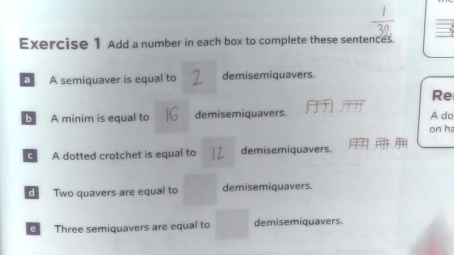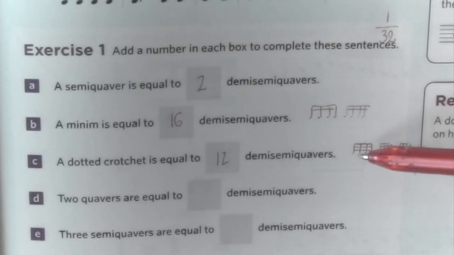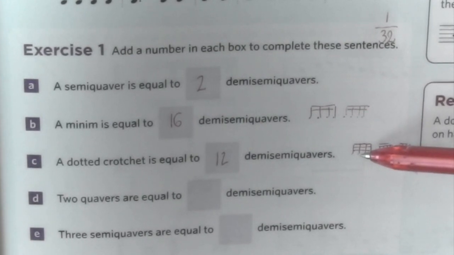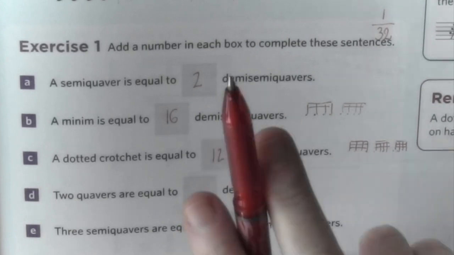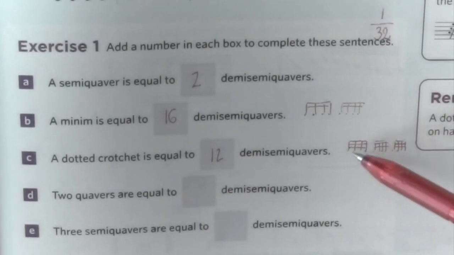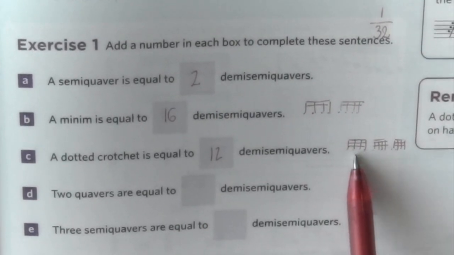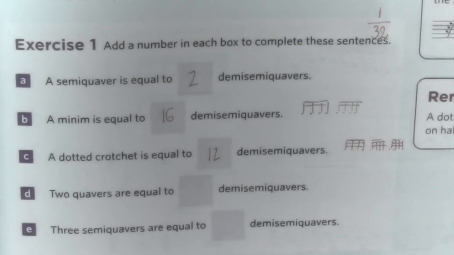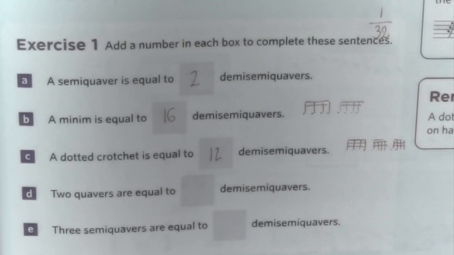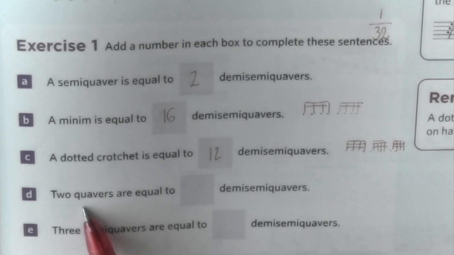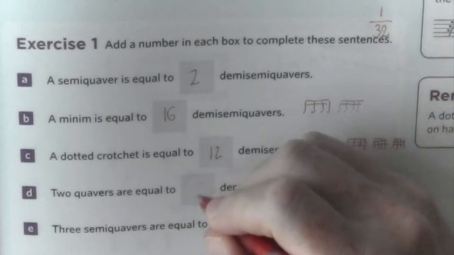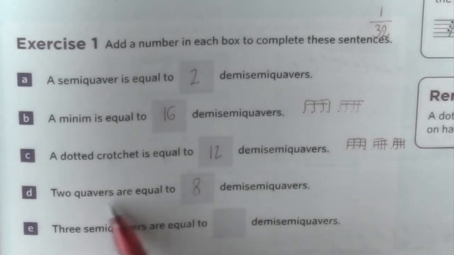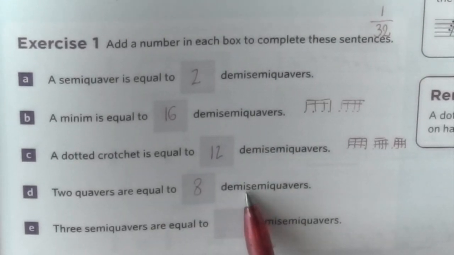This is it. 4 demi-semiquavers make a quaver. In a dotted crotchet, we have 3 quavers. So 1, 2, and 3 groups. Then you count them: 4, 8, 12. 2 quavers are equal to, now we said that, 8 demisemiquavers, because each quaver equals 4 demisemiquavers.